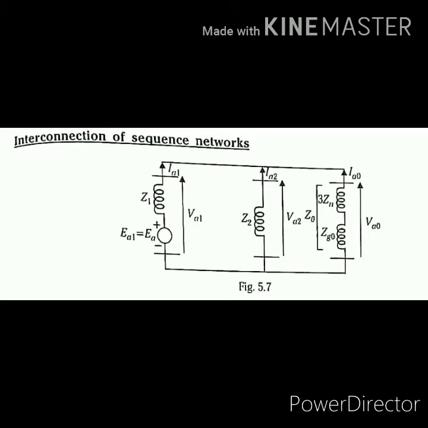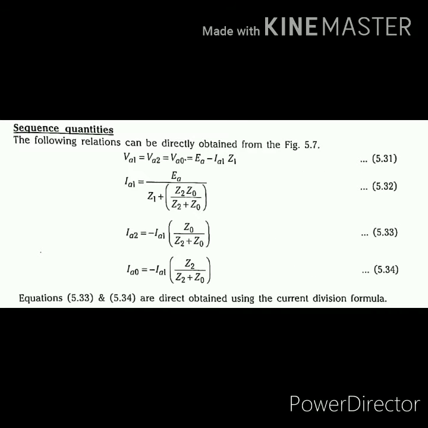We have represented the positive sequence component along with the EMF source EA1, the negative sequence with just a reactance Z2, and the zero sequence, since the neutral is grounded through a reactance Zn, we have added 3 times Zn along with Zg0.